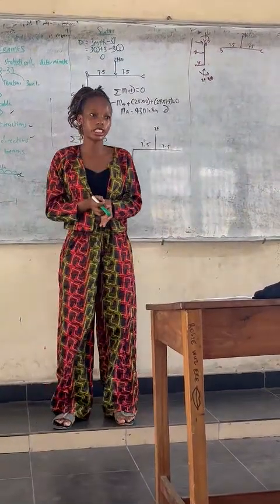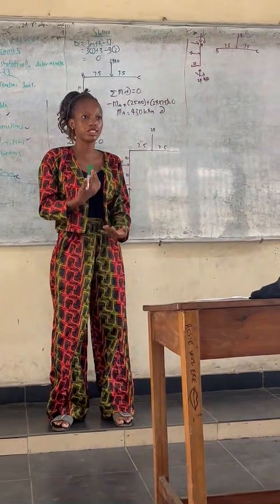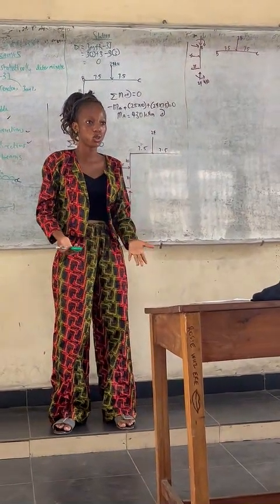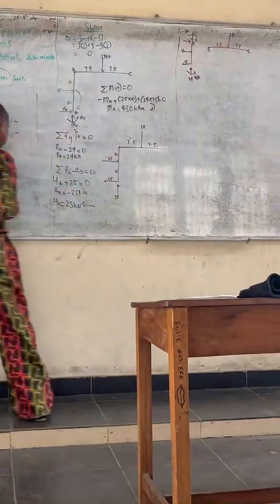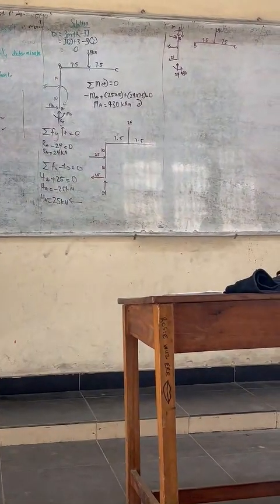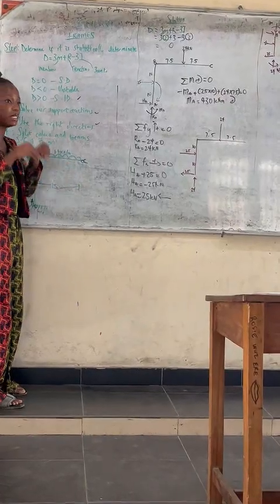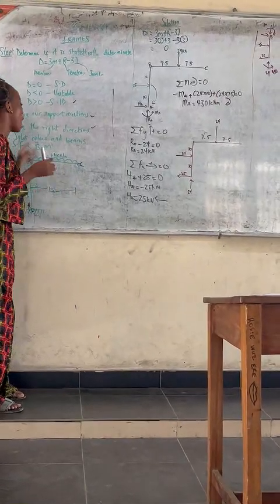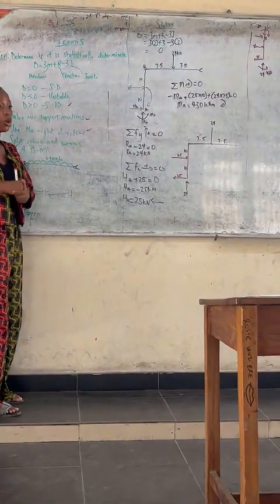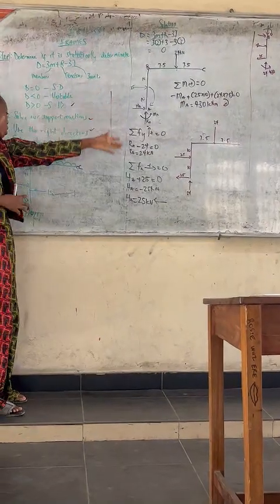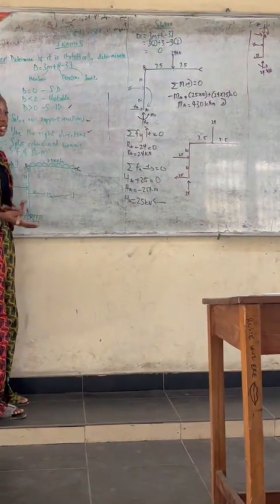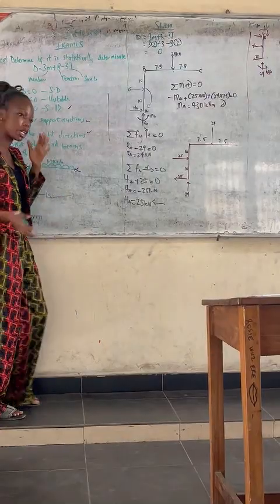We don't know if it is a fixed support, if it is a roller or anything. But if you are just assuming that okay, you don't know it, so let's assume that the three reactions are happening at that point. Now, whatever you get is going to tell you whether the support acting there is a fix or a roller or a support.